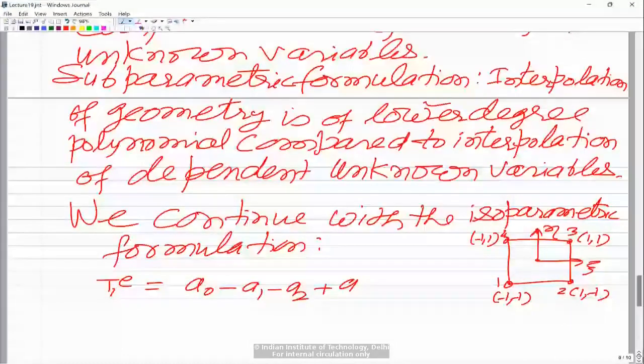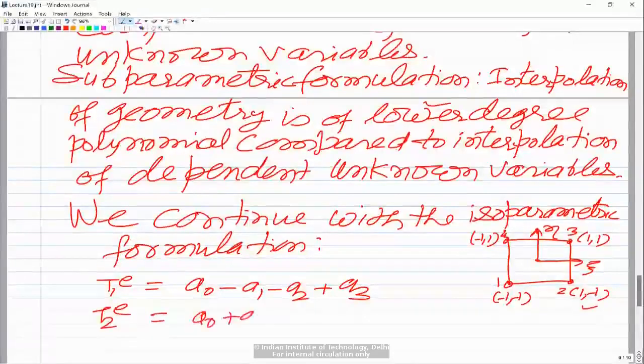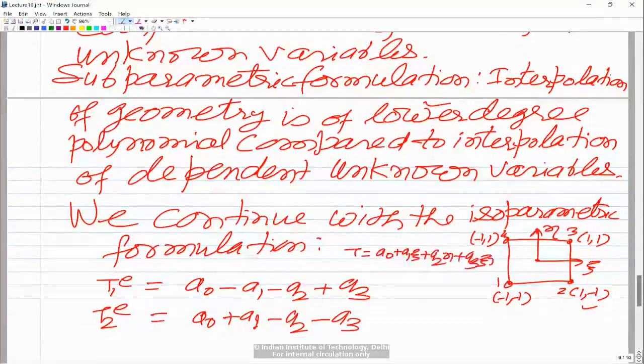And then T2e will be equal to, now you put these coordinates, where xi is +1, eta is -1. So A0 plus A1 minus A2 minus A3. That is what you will get. You are substituting in this expression T equal to a0 plus a1 xi plus a2 eta plus a3 xi eta. So you are putting the nodal coordinates.